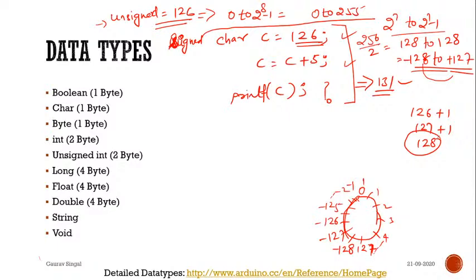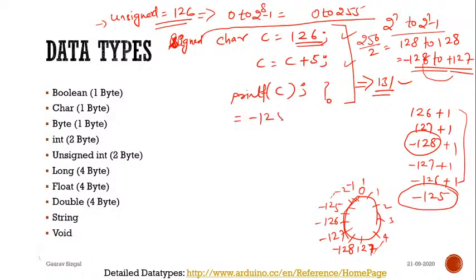Similarly, 127 plus 1 is minus 128, plus 1 is minus 127, plus 1 is minus 126, plus 1 is minus 125. So we are doing 5 plus, which means minus 125. That is the final output of the program.